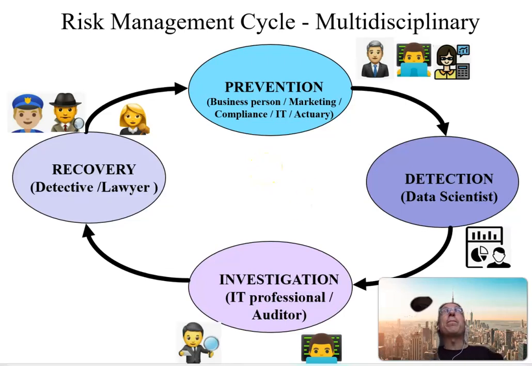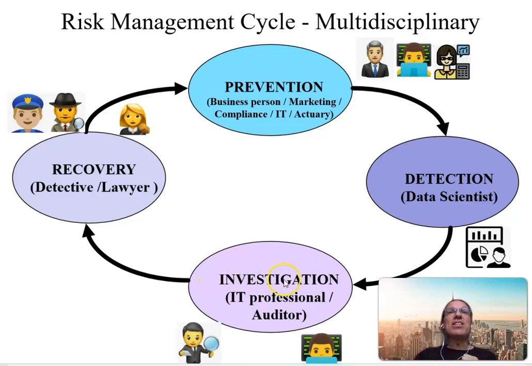Some people will not pay. Some cybersecurity problems will happen. And then how do you detect? Putting machine learning models in place to make a live detection is really important. That's where data scientists go. And then investigating, trying to trace back who created the problem, how they did it, the modus operandi.